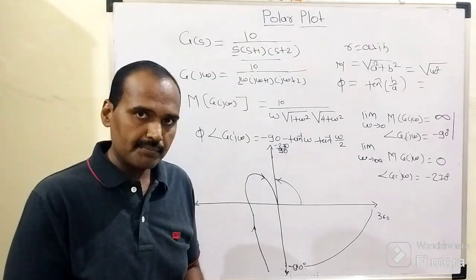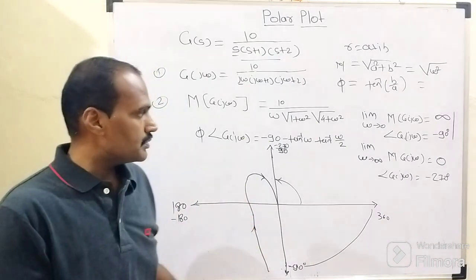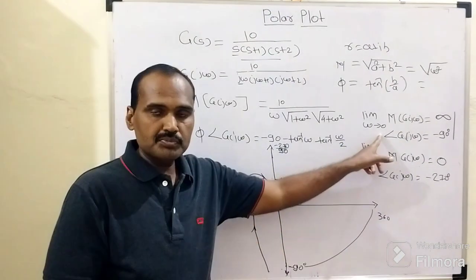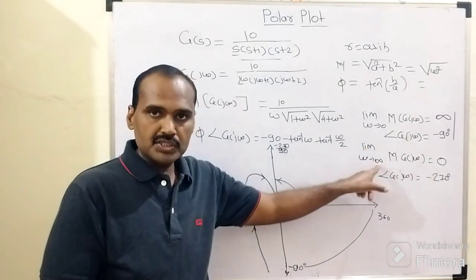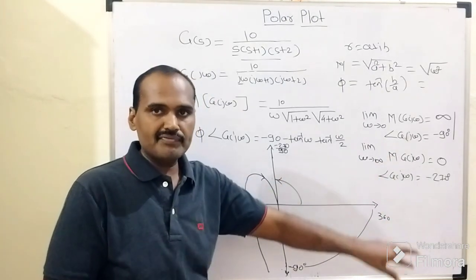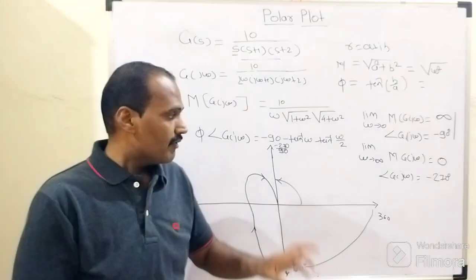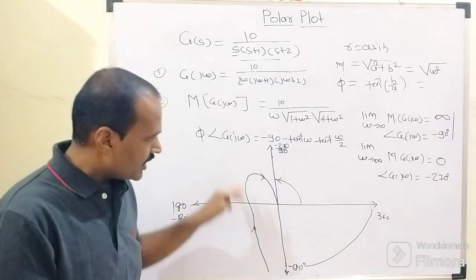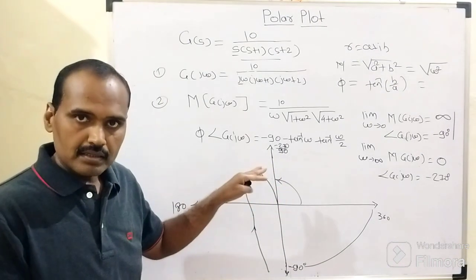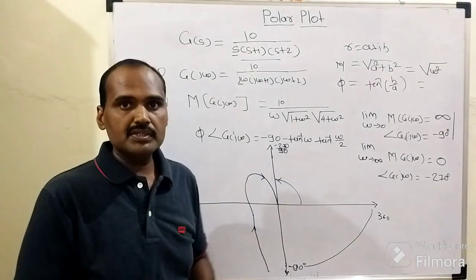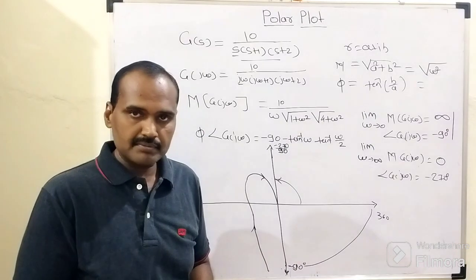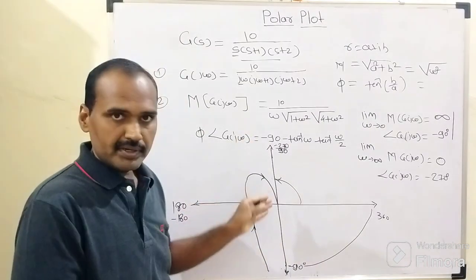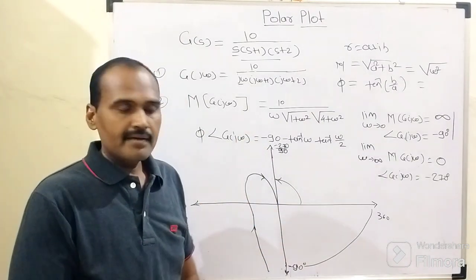Once these two parameters are tabulated, we iterate omega from 0 to infinity and tabulate the magnitude and phase angle. Then we can draw the relevant polar plot of this control system, that is nothing but the curve between the magnitude and phase angle.